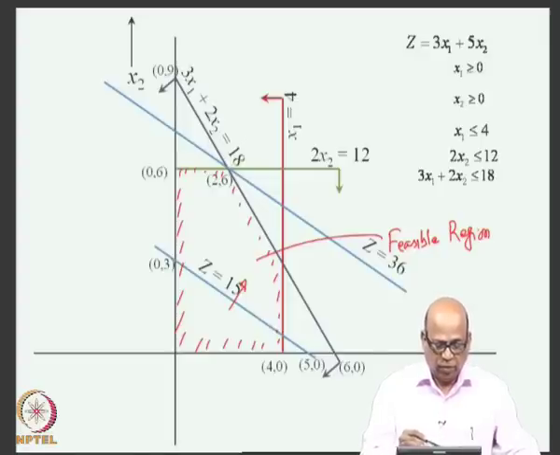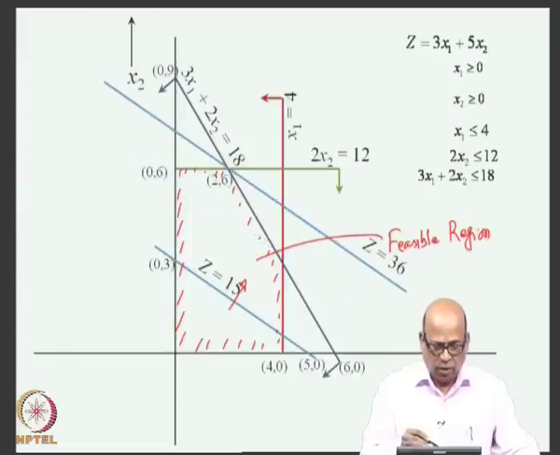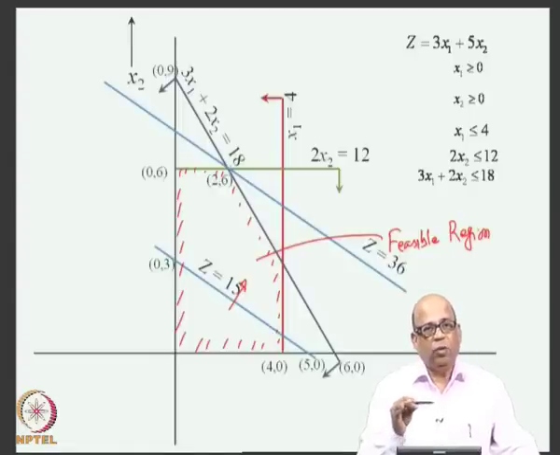So, as I was increasing z, let us say we were here earlier. We keep increasing z, the line moves parallel to itself, and then finally, when you reach this point, when z is equal to 36, any further increase in z will make it leave the feasible space. At z is equal to 36, you have exactly one point in contact with the feasible region, and therefore, that is still a feasible point.